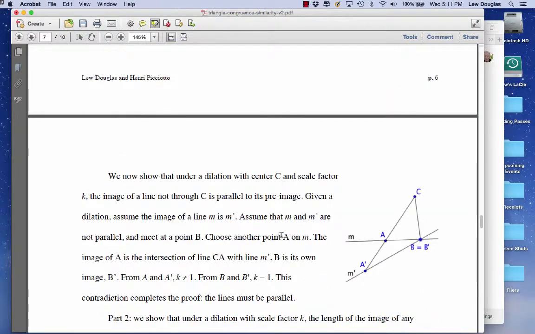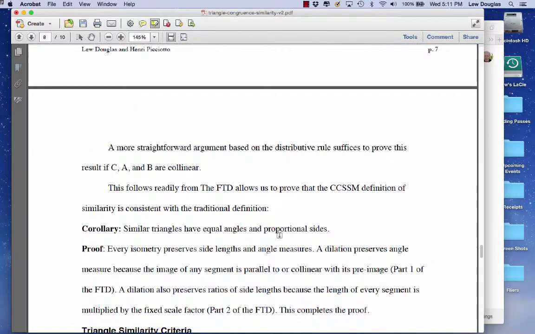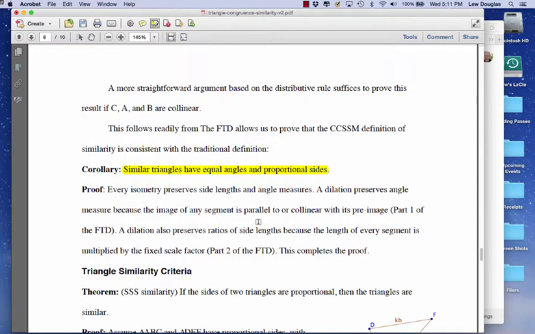Not so easy. So this stuff is the proof. A corollary is that similar triangles have equal angles and proportional sides, because since parallelism is preserved, basically you can see that angles are going to be preserved.